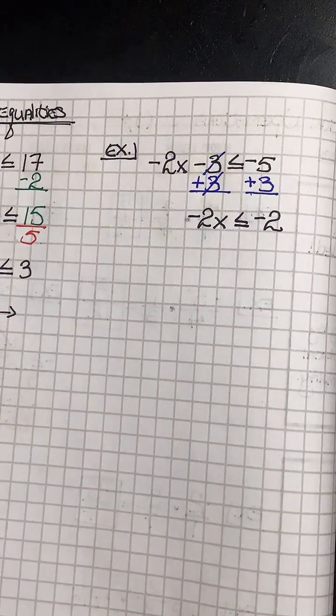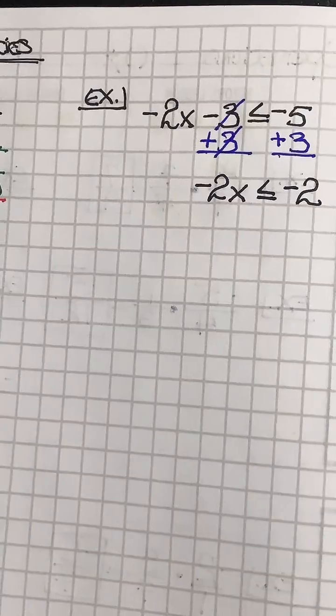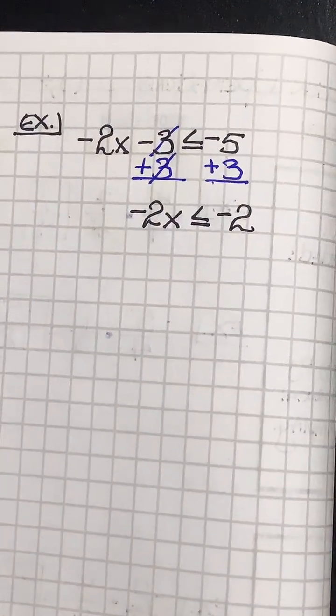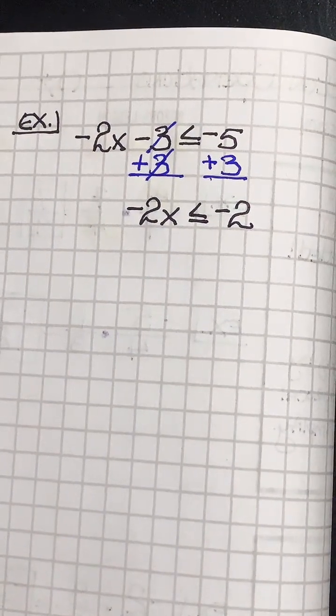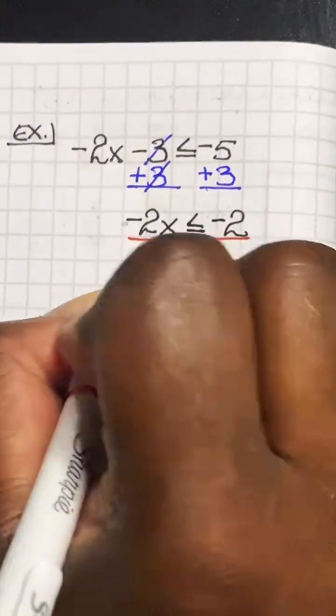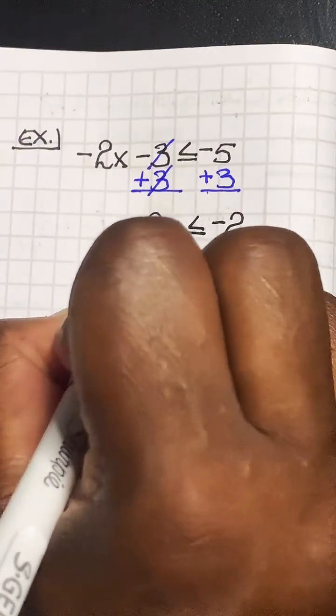Okay. So now we want to get x by itself. So we need to get rid of our negative 2. And the way we're going to do it, we're going to divide.